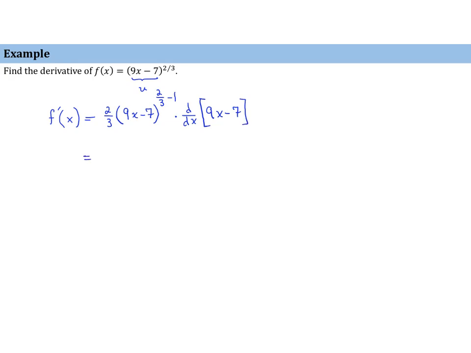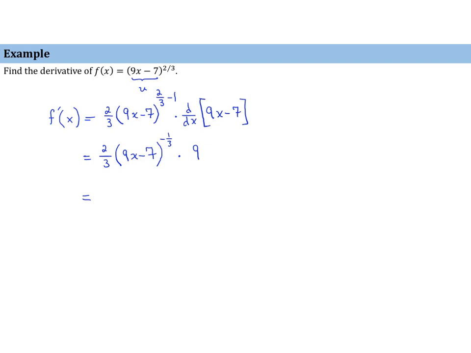So now we have 2/3 of 9x minus 7 raised to the negative 1/3 power times, and now the derivative of 9x minus 7 is just 9. Now we clean this up.